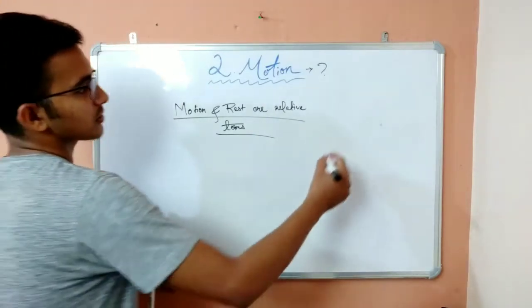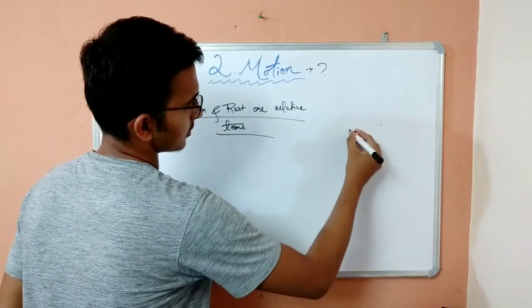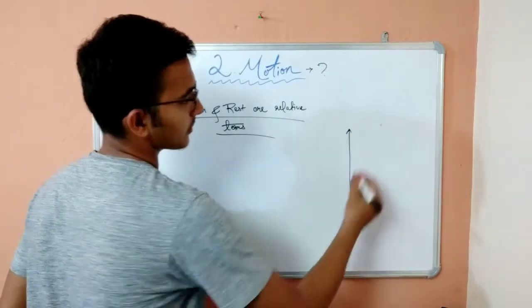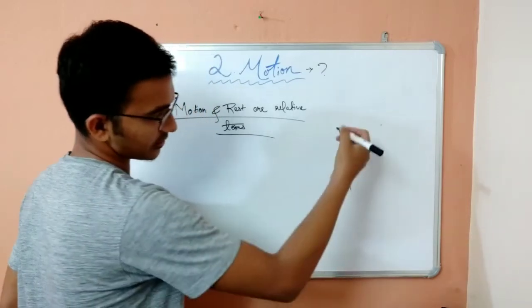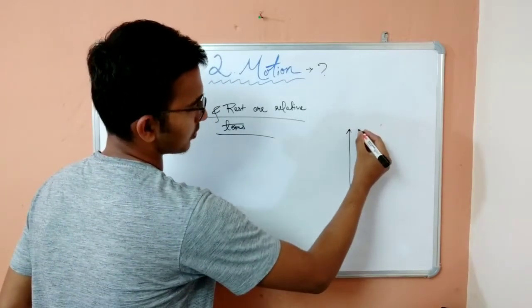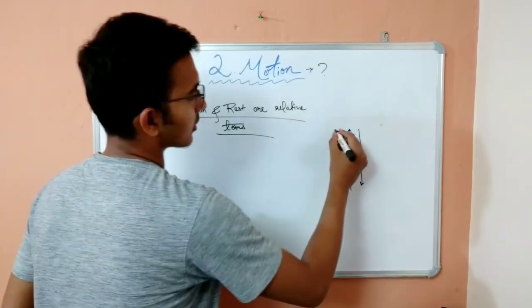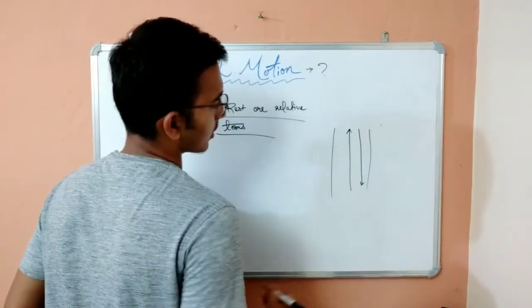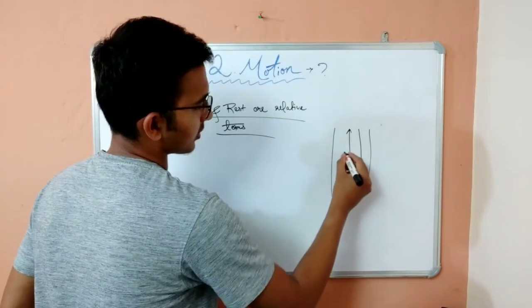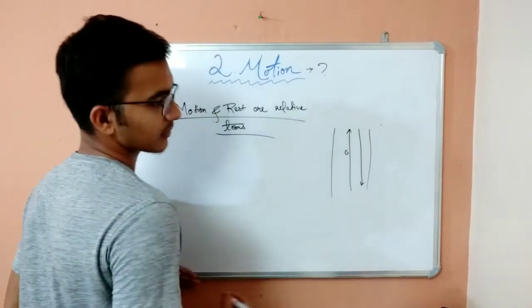Okay, suppose this is a train. It's not looking like a train, it's an arrow, but still, suppose. And then there is another train. This train is not moving, and suppose you are sitting over here.